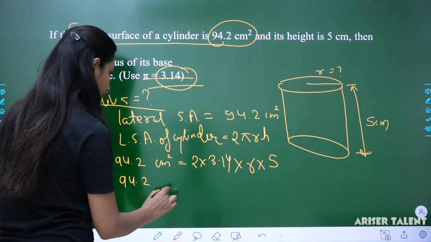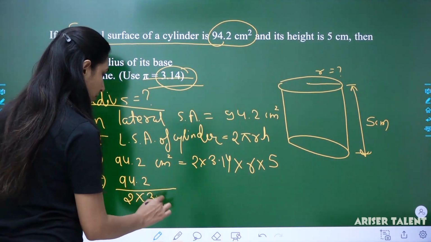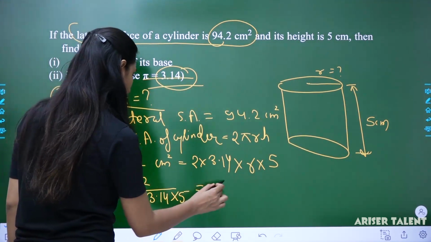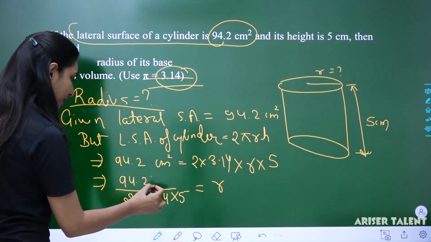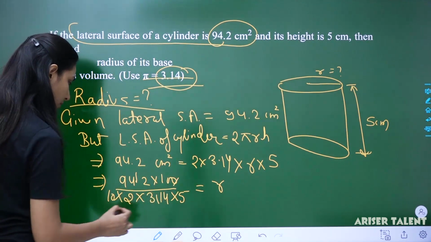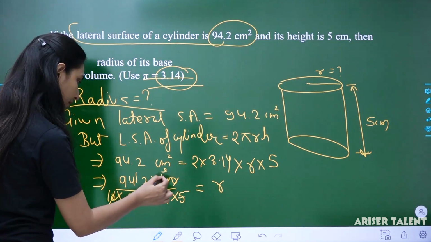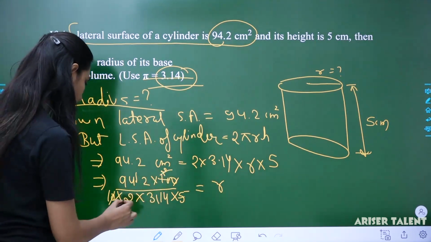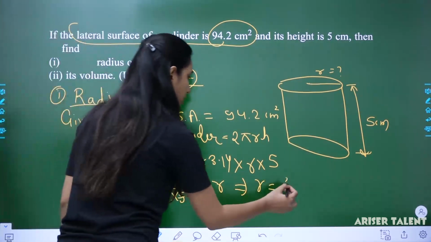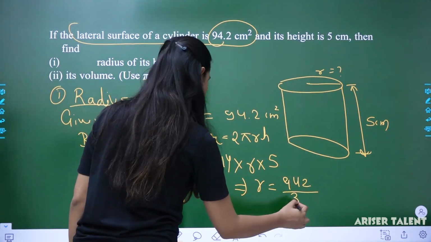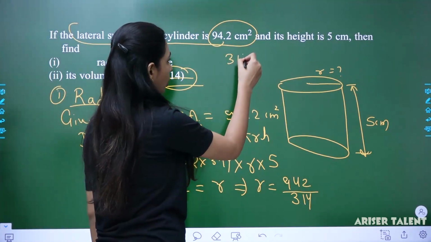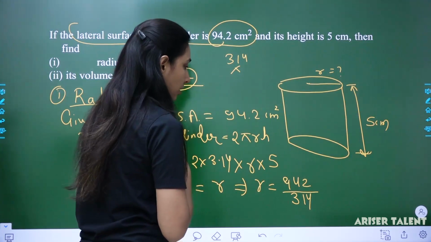Okay, so we are just going to calculate it. 94.2 divided by 2, 3.14 and also 5 is equals to r. Okay, eliminate the zeros here. 5 2s are 10, 2 and 2 cancel. So you are left with r equals to 942 divided by 314. Now 314 how many times becomes 942?